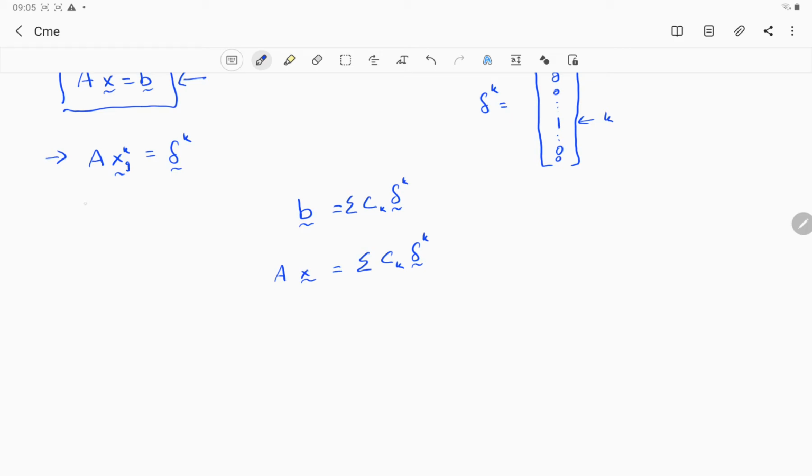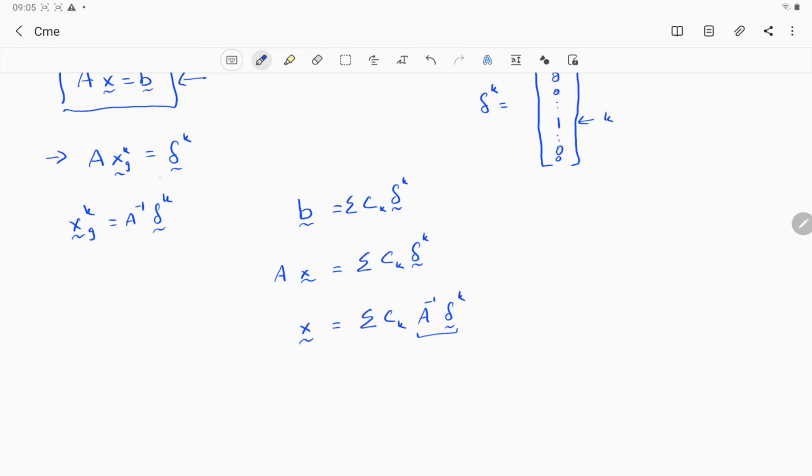From this equation I can say that xgk is equal to A inverse del k, right? So let me take an inverse of A, so that I will get x, which is equal to summation of ck A inverse del k, right? And what is this thing?